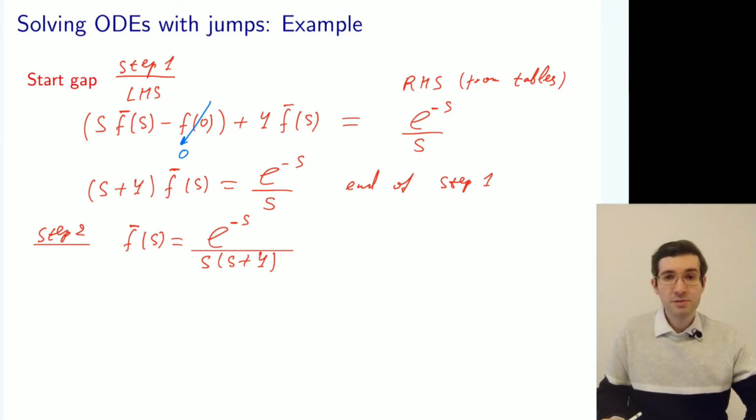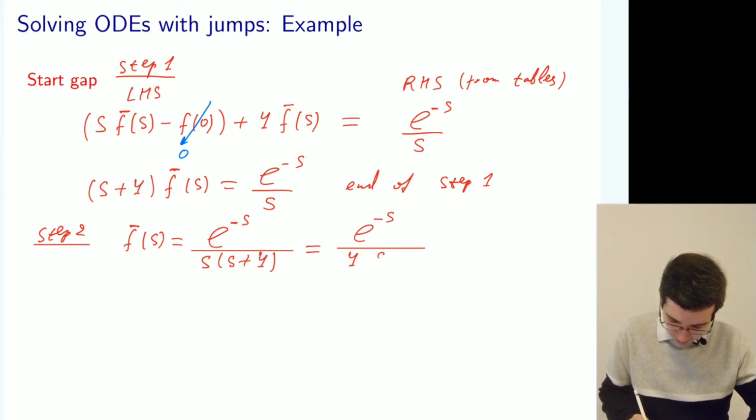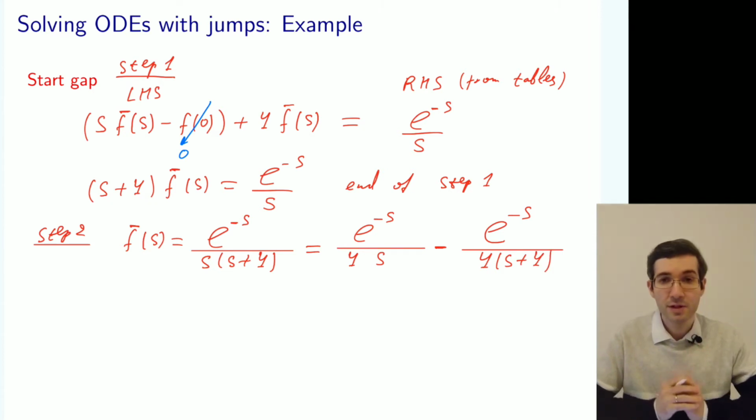Or we can use the partial fractions to write it as exponential over 4s minus exponential over 4s plus 4. And you can check it for yourself.